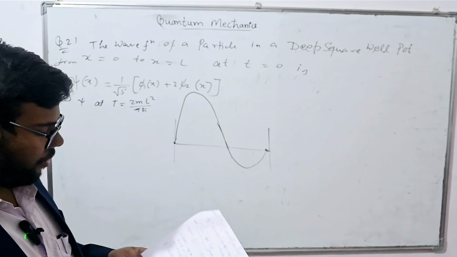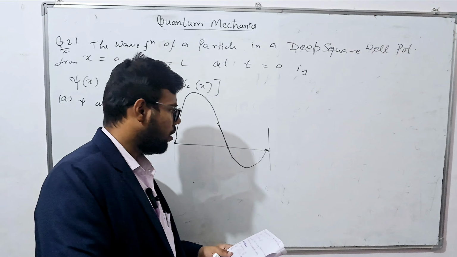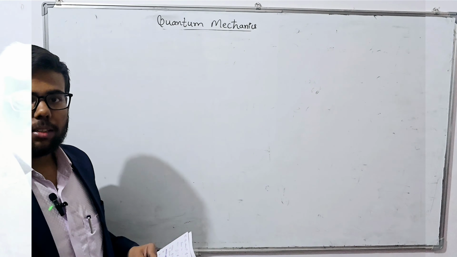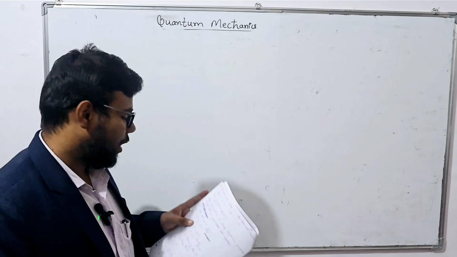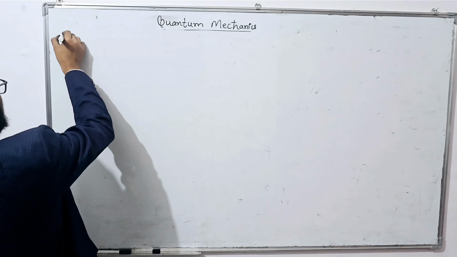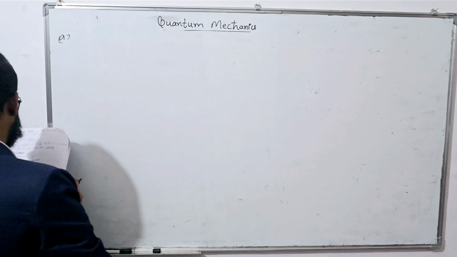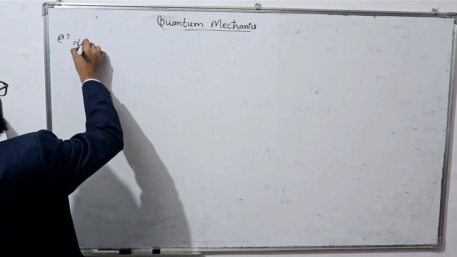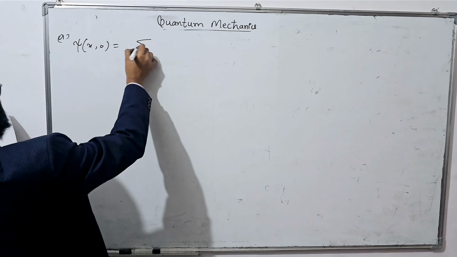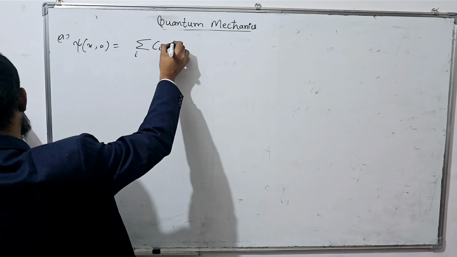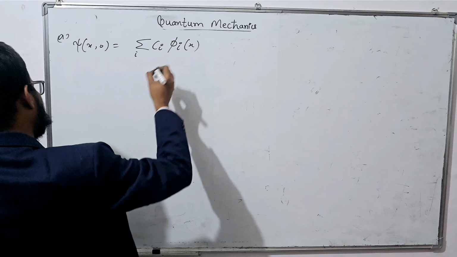So let's see. Yeah, let me raise this. I hope you all must be knowing the question. Now we are solving the first part, and in that case we know that psi of x comma 0 is equal to summation over i of ci phi i of x, right?